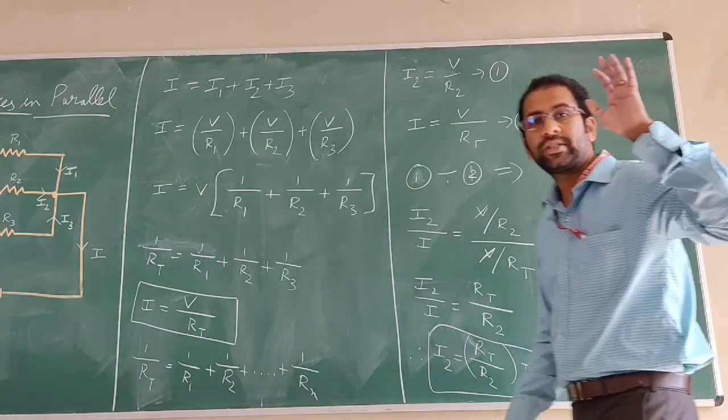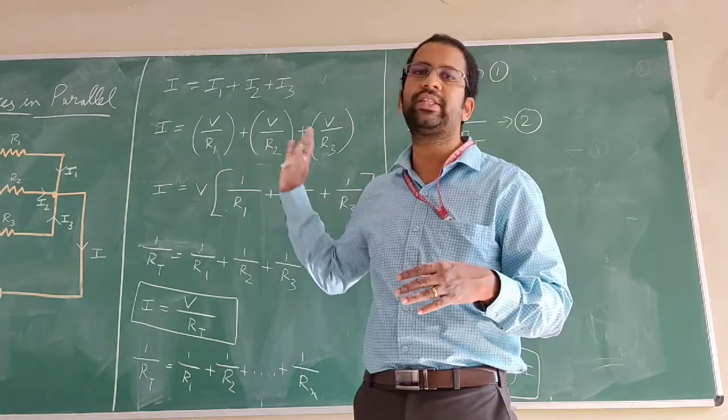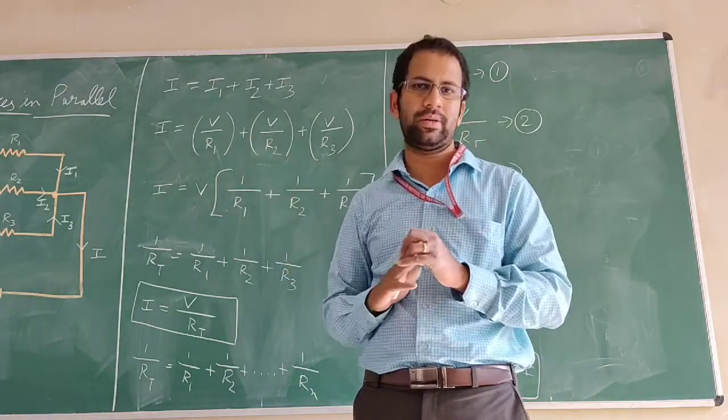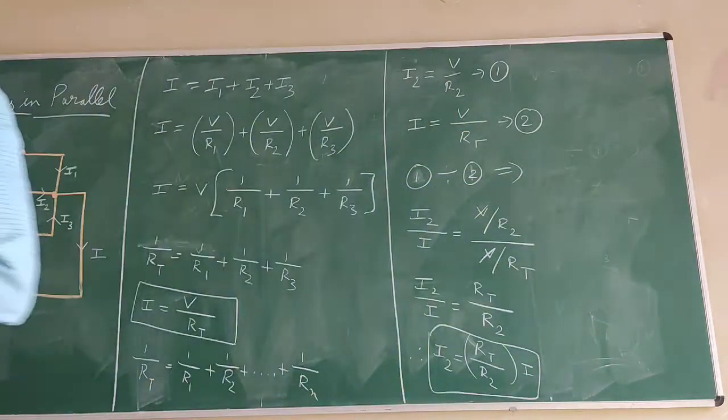And understand, in series resistance current remains the same, in parallel resistance voltage remains the same. This is what we have for resistors in series and resistors in parallel. Hope you have understood this.